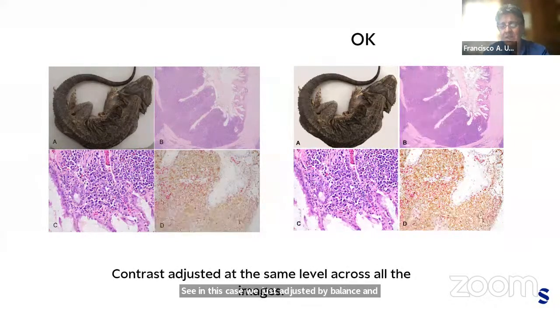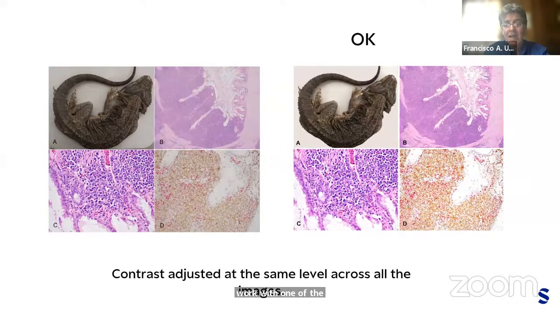Sometimes in histology, it's okay to work with one of the panels, provided there's no comparison between panels. Basically, for microscopic images where there's no tissue, you want it to be white, like in this case on the right. On the left it is a little bit gray. To me, that's a bad quality image.